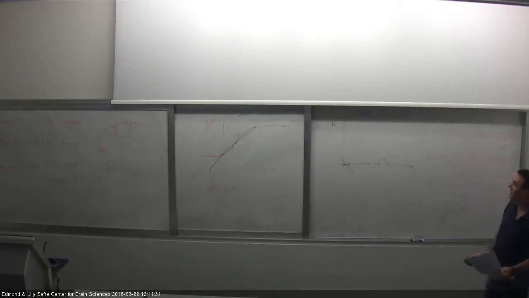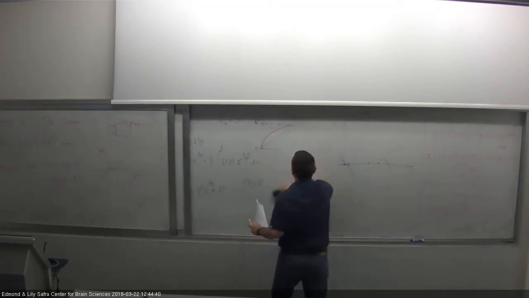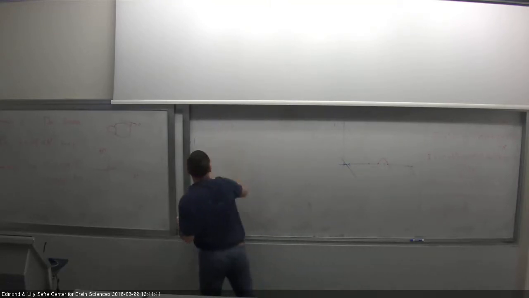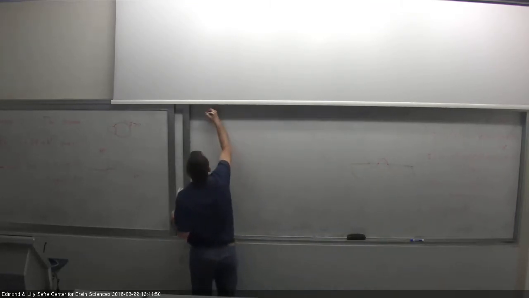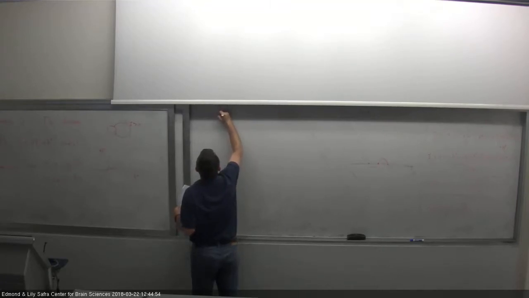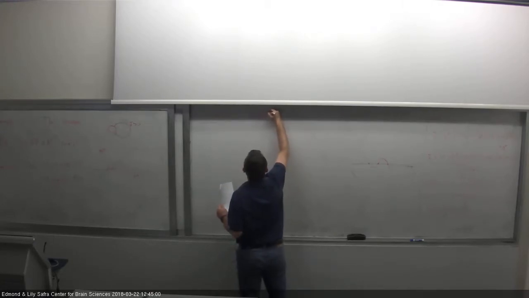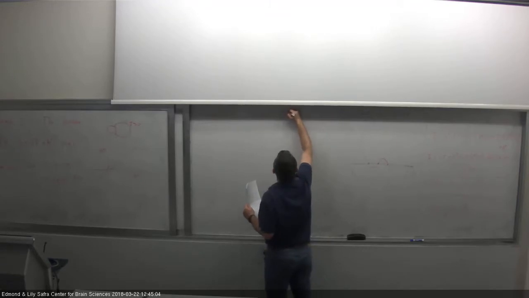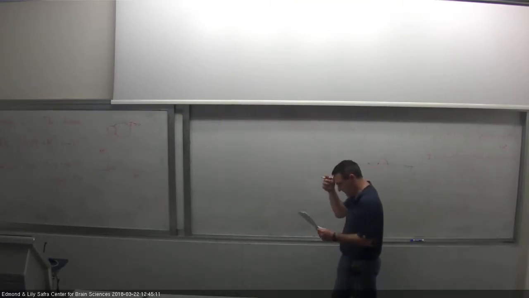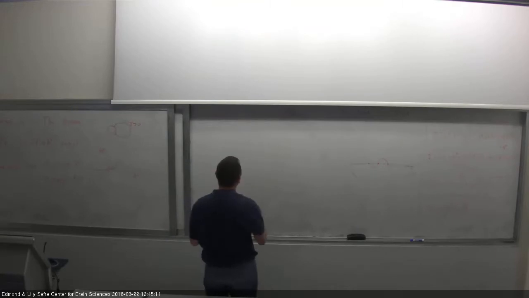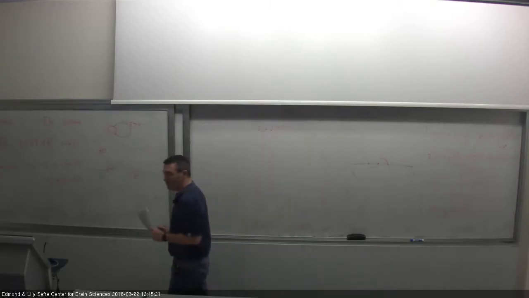Okay. Enough with a single neuron. Let's talk about a network. So the next example that we're going to consider is a case where all neurons are connected to all neurons.